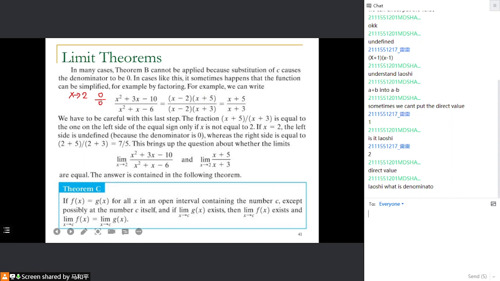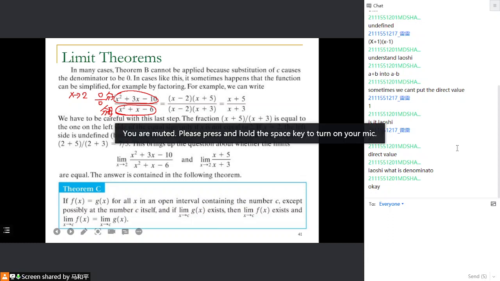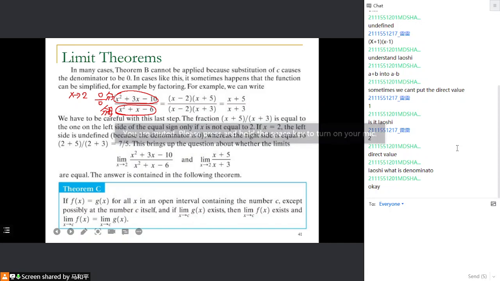And by factoring, what's the denominator? This part is the denominator. This part is the numerator. You can use the translator.